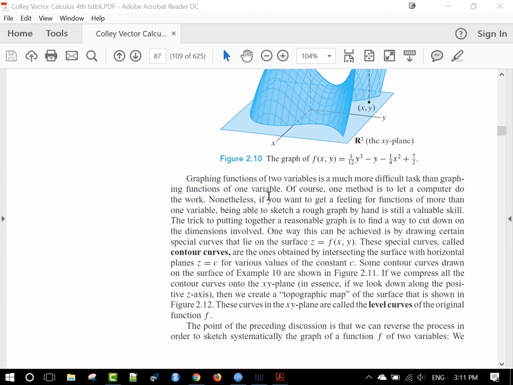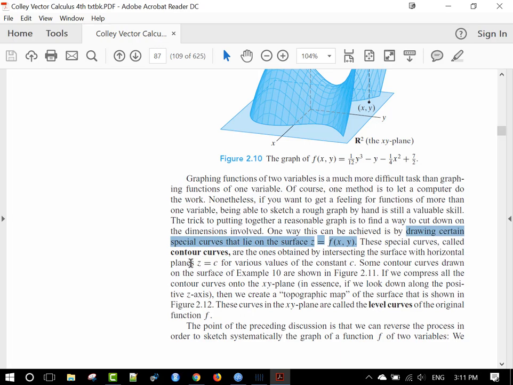So what they say is we draw certain curves, special curves that lie on the surface z equals f of x, y. These special curves, called contour curves, are the ones obtained by intersecting the surface with horizontal planes. So how do we define a horizontal plane?